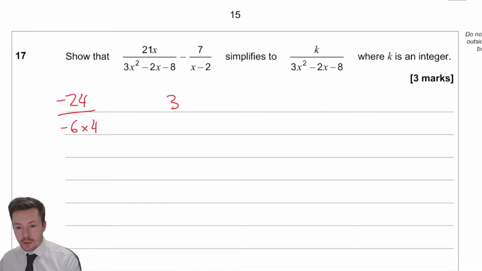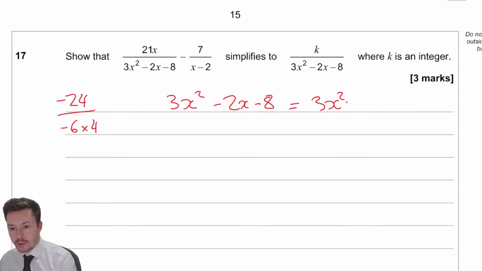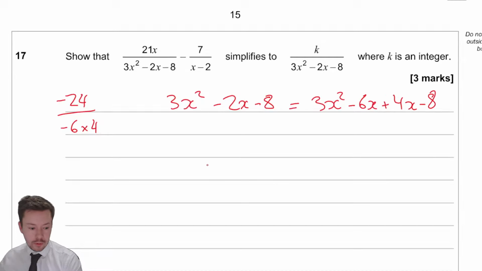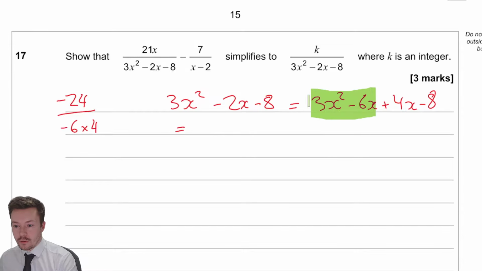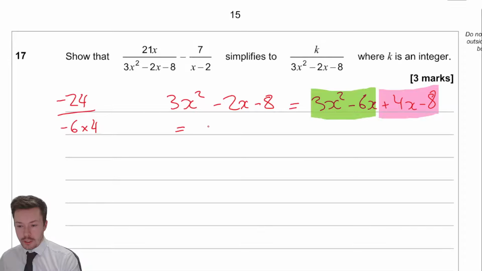So that denominator, let's work it out. 3x squared minus 2x minus 8 is equal to 3x squared minus 6x plus 4x minus 8. So split in the middle. That is going to give us, when we factorize the first two terms and the last two terms, something hopefully with x minus 2 in it.